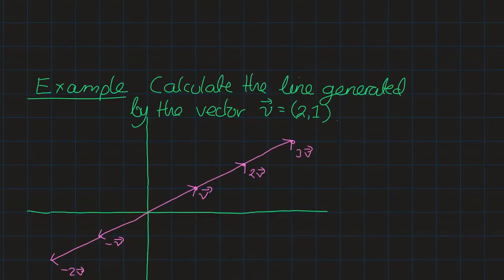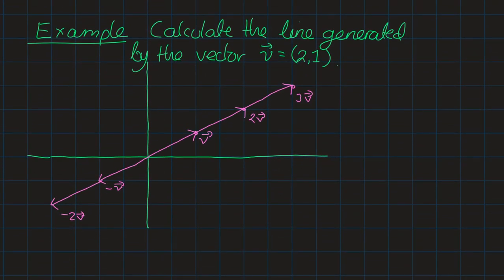So let's just look at an example to see what's going on. Calculate the line generated by the vector v equals (1, 2). I've already drawn the vector v right here. v itself is just this vector here, and then I calculated some scalar multiples.